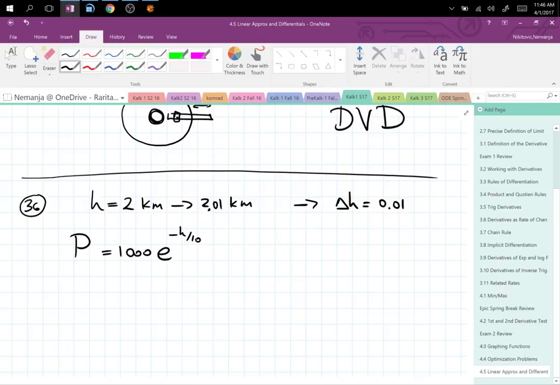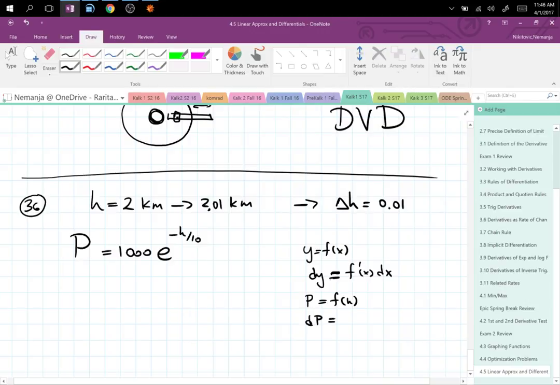Well, if you have that y is equal to f of x, and you say that dy is equal to f prime of x dx, now you have p equals f of h. That means that dp is f prime of h dh.